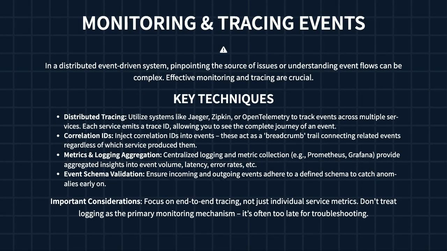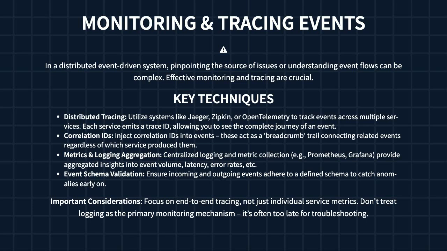Okay, let's talk about how we keep an eye on things when events are bouncing around in a distributed system. It can get tricky fast. The key is tracing. Think of it like a breadcrumb trail that follows each event as it moves through different services. We use tools like Jaeger or Zipkin to build these traces, showing exactly where the event originated and how it traveled. Correlation IDs are super helpful too.